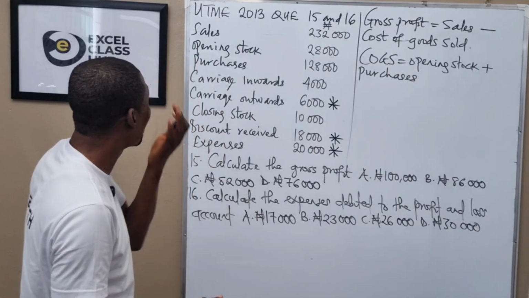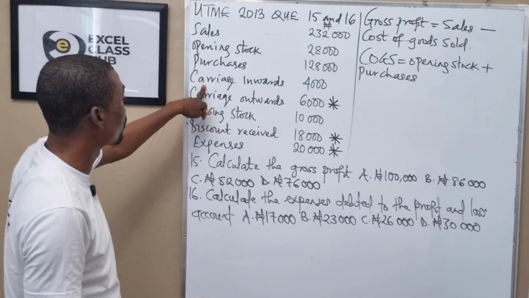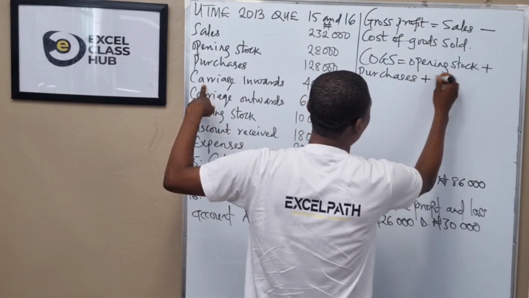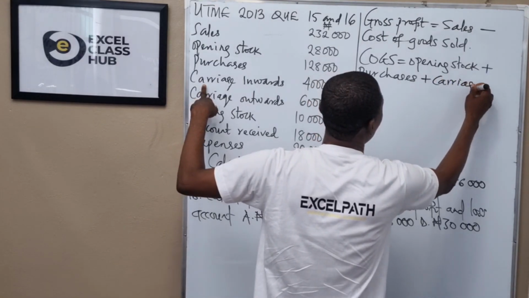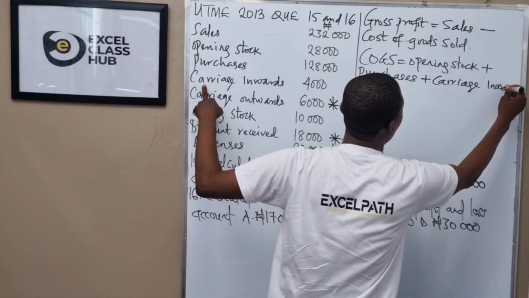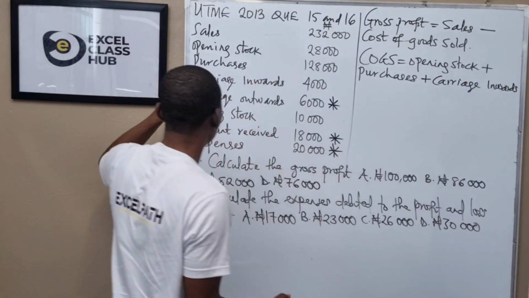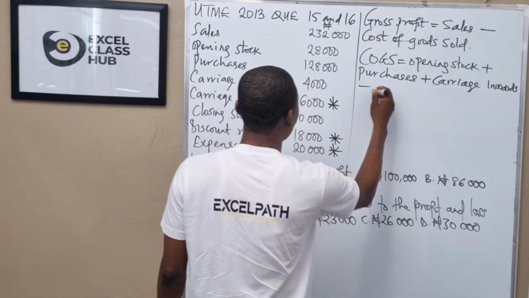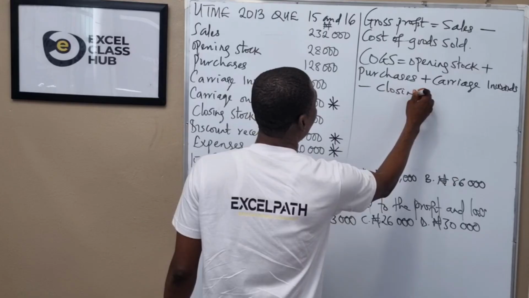Now, in this question, we are given carriage inwards. So it means that we are also going to add the carriage inwards. Then we are going to subtract closing stock.